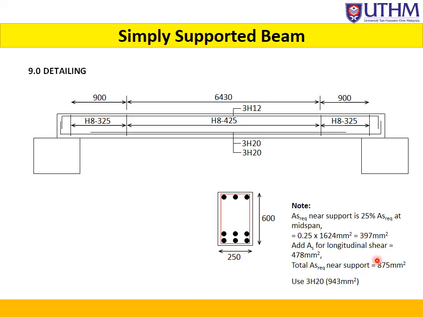It becomes 875 millimeters square. So 875 millimeters square is equivalent to 3 bars at size 20 and the AS provided is 943 millimeter square. That's why if you look here at the midspan we have 6 bars and towards the end span we have only 3 bars.